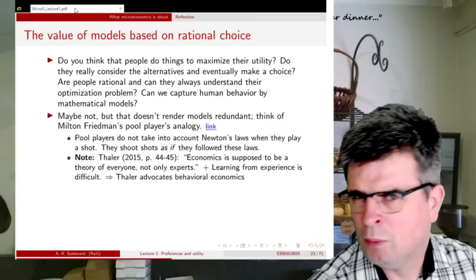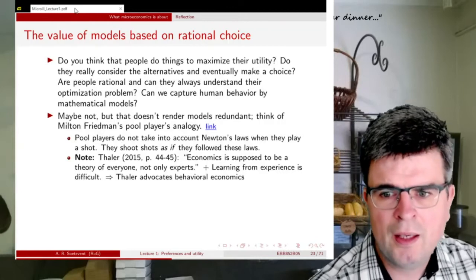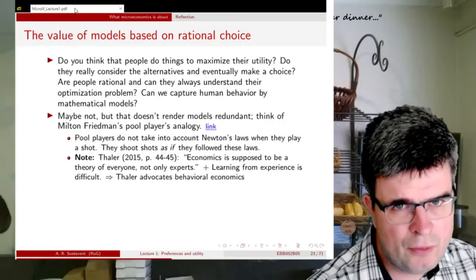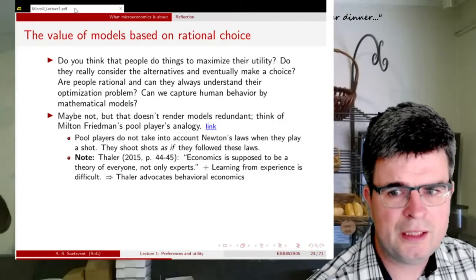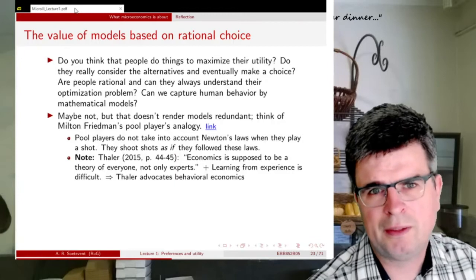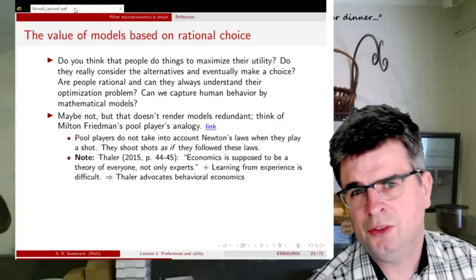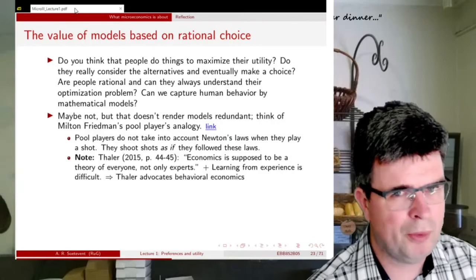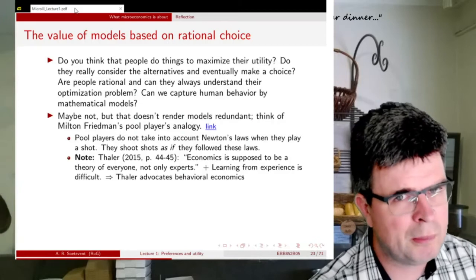They play pool 5 hours a day, 20 years in the career. And the point that Richard Thaler makes is that learning from experience is sometimes difficult in economics. So buying coffee at a coffee corner is a decision you often make, and at some point you have the experience, you know which coffee you like best and how to optimally make this trade-off.